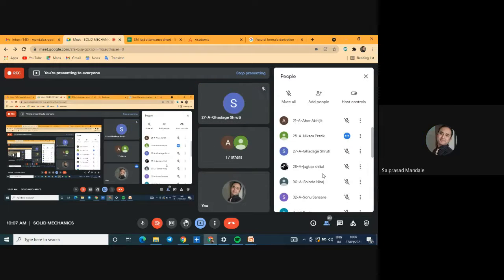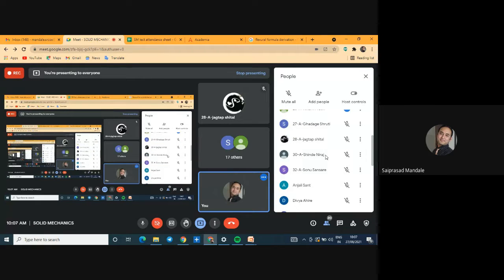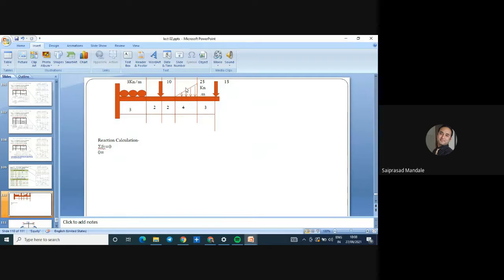Sheetal Jagtap, no, sir. Shinde Neeraj, can you tell me the summation of FY for this case? Yes or no? Just tell me yes or no. No, sir. Very good.